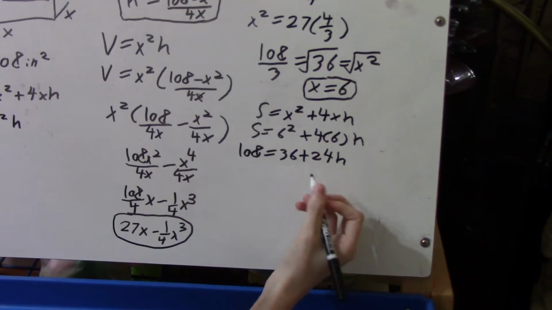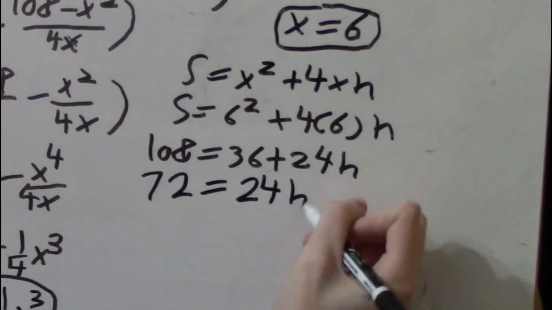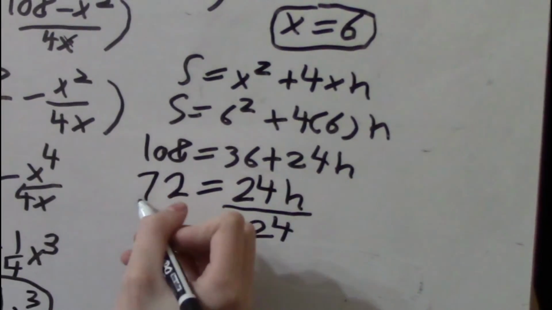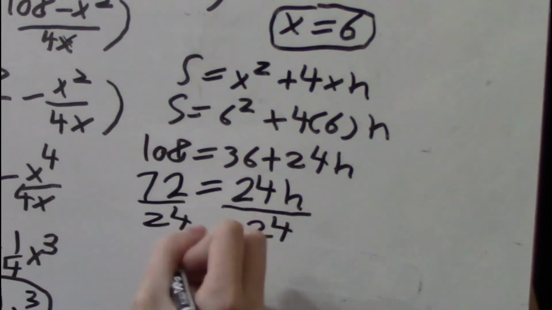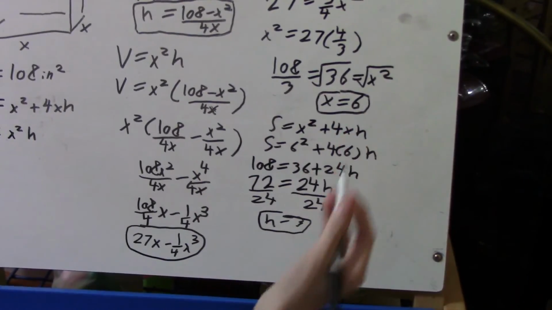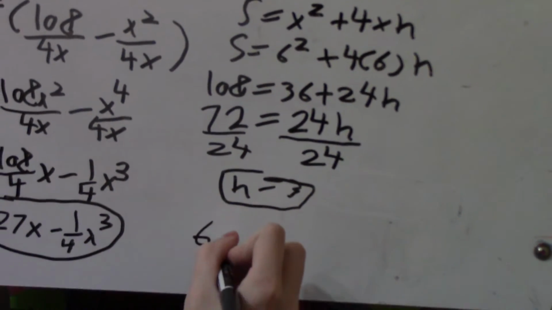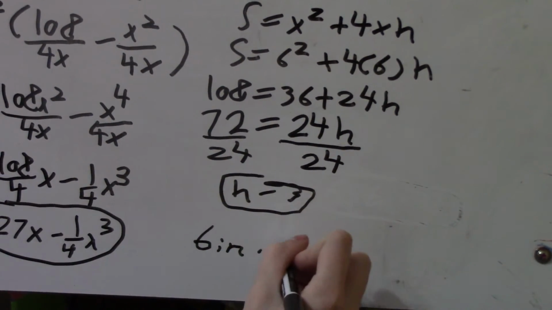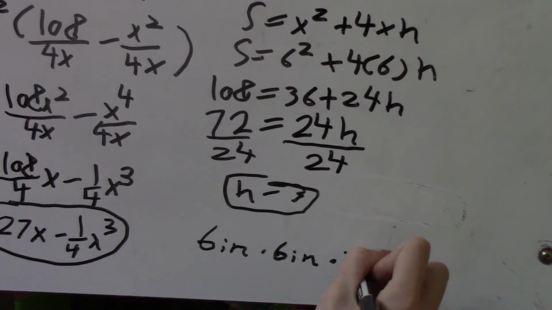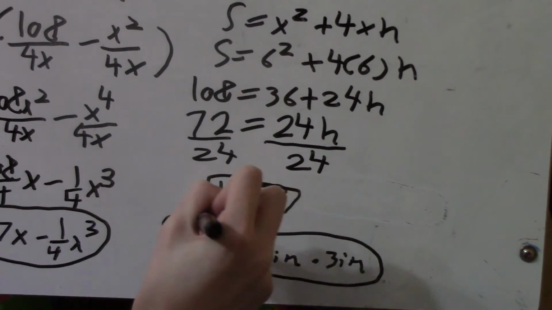Subtract both sides by 36, which gives 72 is equal to 24h. Divide both sides by 24 and get h is equal to 3. X is 6 and our height is 3, and so our dimensions would be 6 inches by 6 inches by 3 inches. And these are your dimensions that will give you the maximum value.